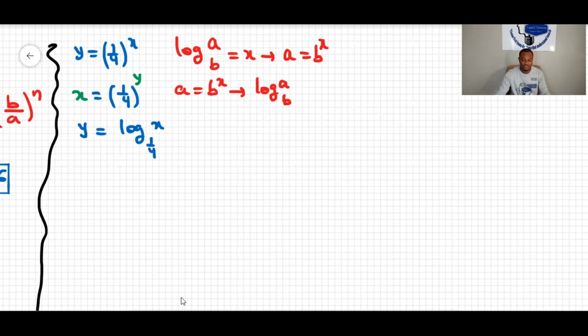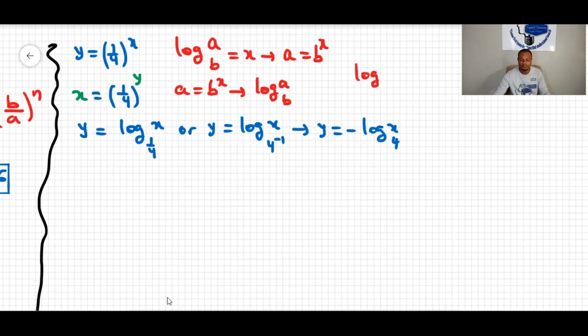So we can write it this way, or according to the properties of logs, it can also be written like this. Y will be equal to log of x base a quarter. 1/4 is like 4 to the -1, right? So the log property says log of a to the n, base b to the m, is the same as n over m log a base b.